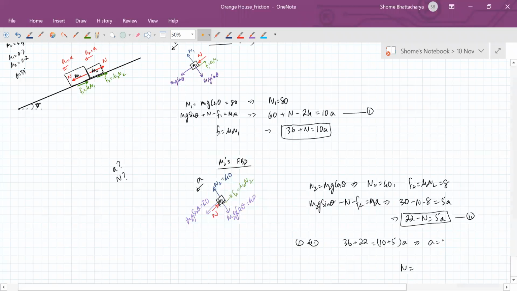So it is 58 by 15. So this is a more complicated value of acceleration. So this will become 3.87 meters per second square.